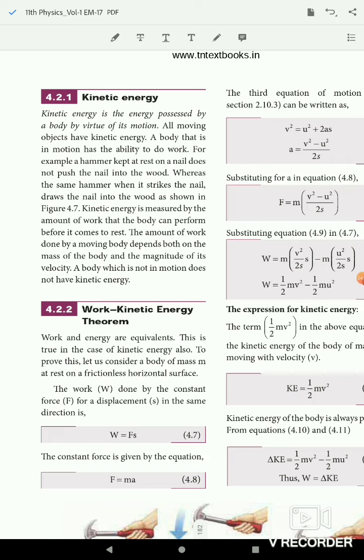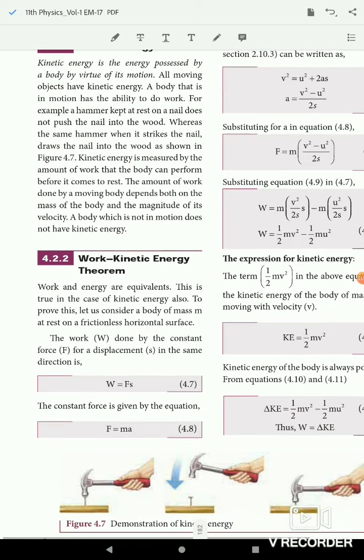A body that is in motion has the ability to do work. When a body moves, energy is needed, and when it moves from one place to another, work is done.